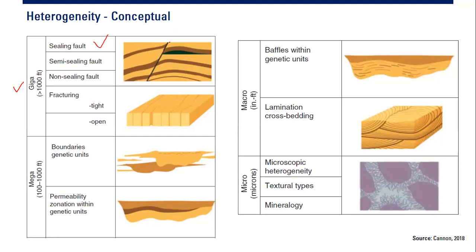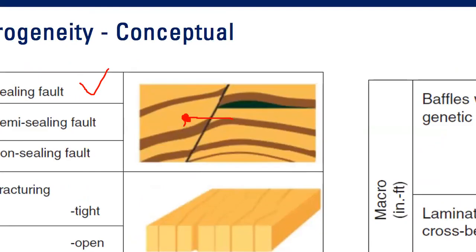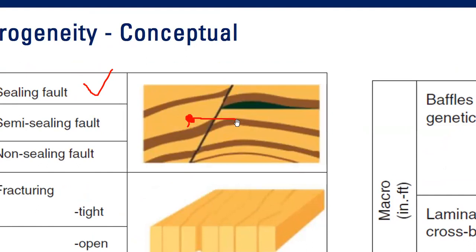Here we have a fault, and if I am, for example, here, and I move to the east, to the right, I will meet this dark brown zone, or maybe it is sandstone, the orange zone, and the brown is shale.